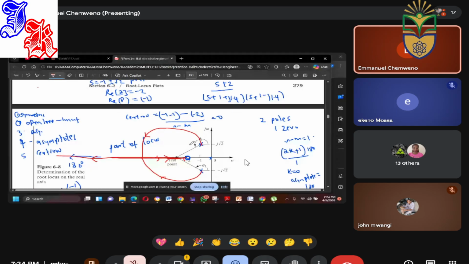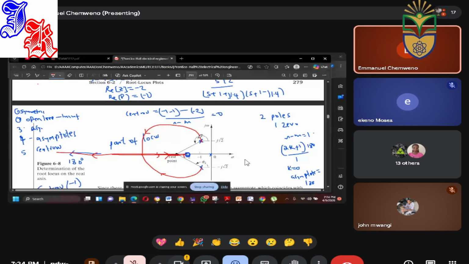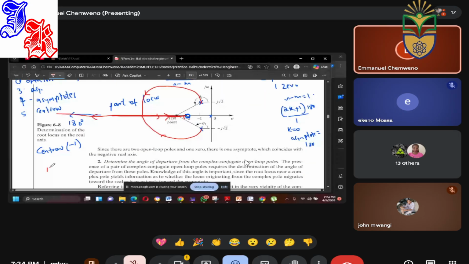How do we get this angle? It is 180 minus the sum of thetas plus the sum of phi's. So for this angle in question, if I draw this line from 0, you see this line? This angle is 90 degrees. And this is -2, -1. So if I join, this is 45 degrees.